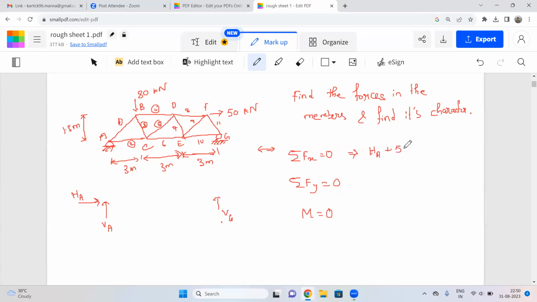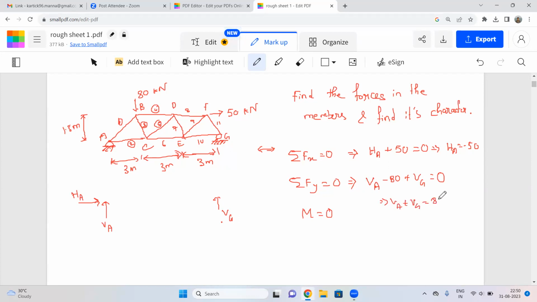So HA plus 50 is equal to 0. That means HA is minus 50. From Fy, VA minus 80 plus VG is equal to 0. So VA plus VG is 80.